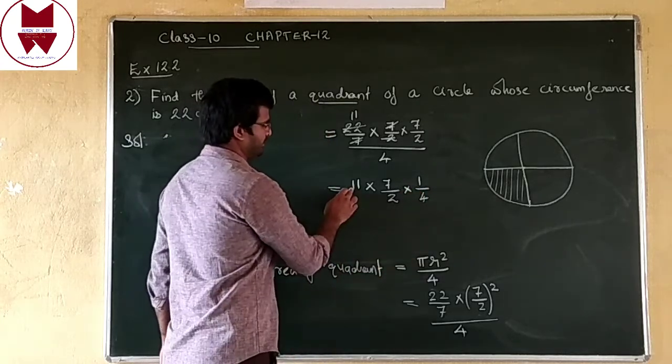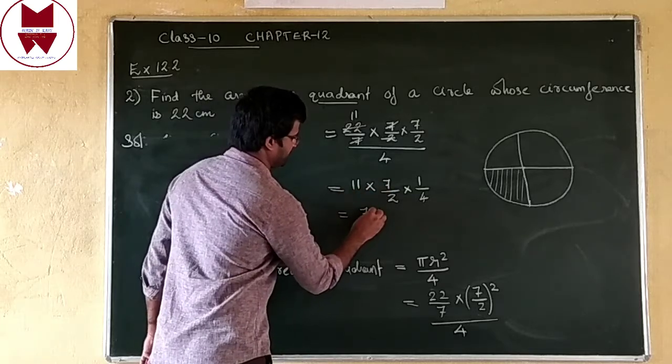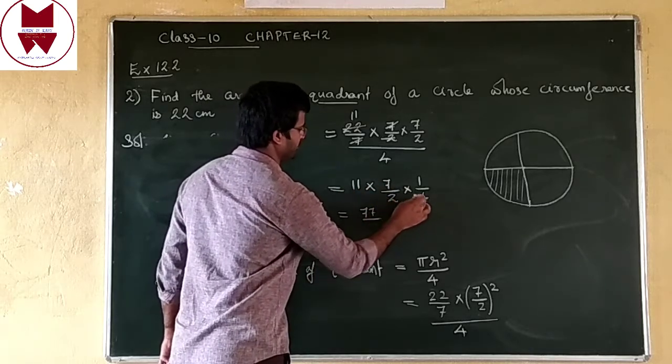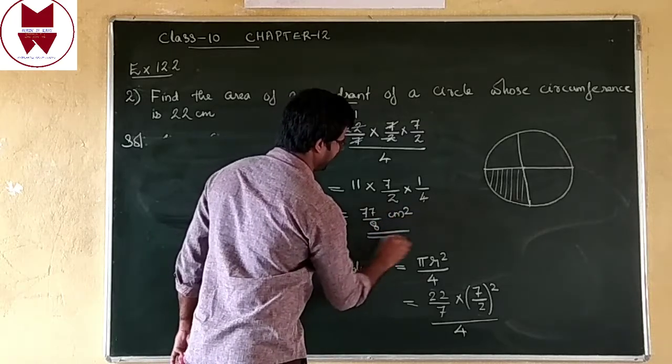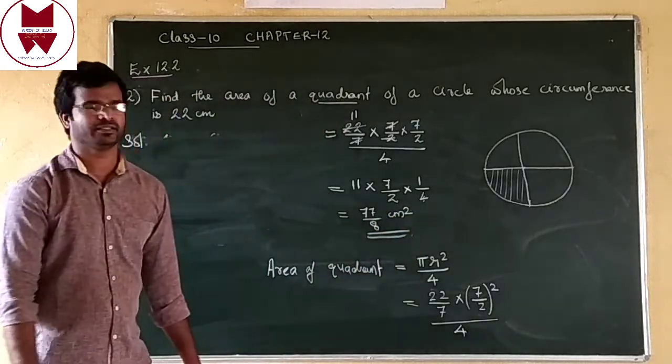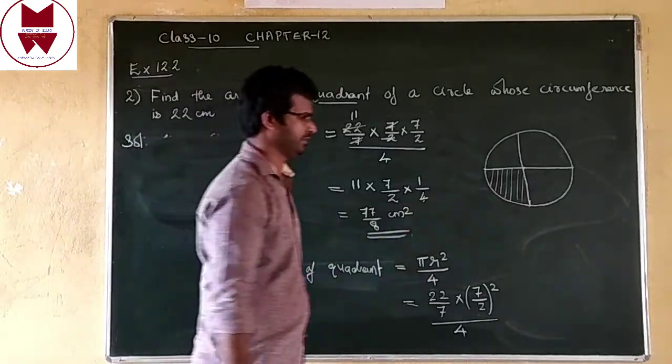Then 11 into 7, 77 divided by 2 into 4 will get 8. 77 by 8 centimeter square, that is our answer, area of quadrant.